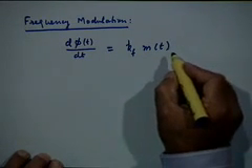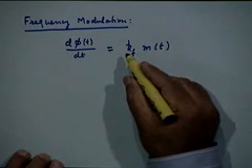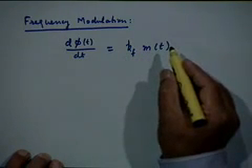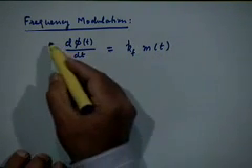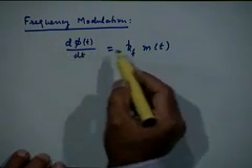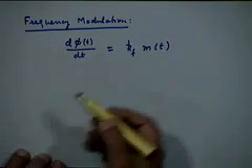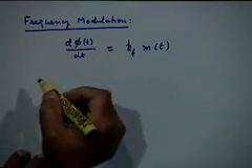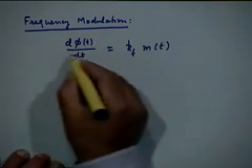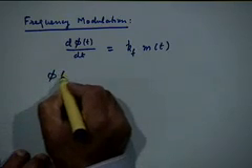So k sub f would have the units of radians per second per volt, right, or if you divide by 2 pi on both sides, even then k f remains the same, okay.